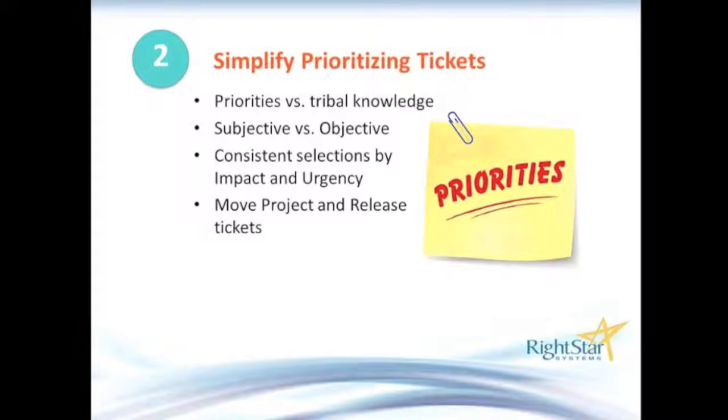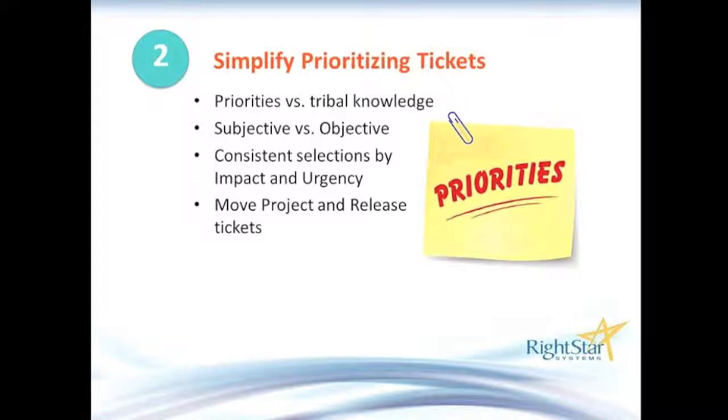Well, you'd be surprised how often I go into an account and I'm looking at how they have things set up, and I see they have high, medium, and low priorities, or maybe they have critical, high, medium, low, and sometimes they even have a priority called project. So it's things that are long term. They don't want to mess up their SLAs or whatever. Well, that's great, but we have some suggestions on how to improve and simplify that.